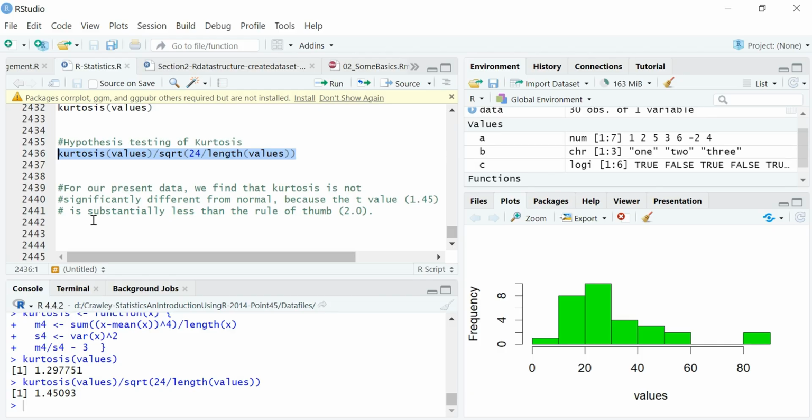So this is substantially less than this critical value, or rule of thumb, 2. So we have no significant confidence to say that the data has kurtosis in our sample. Or in other words, we will not reject, we will hold this null hypothesis that the data has no kurtosis.